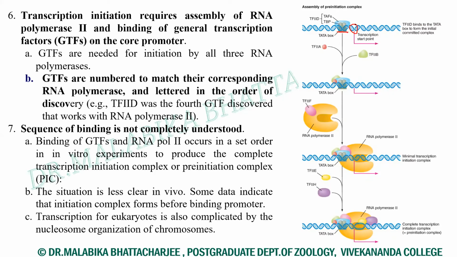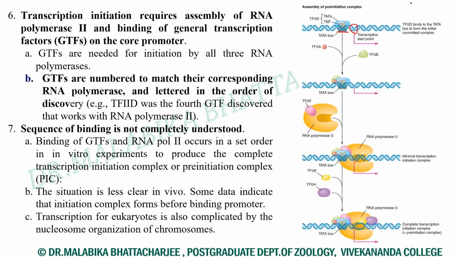Now we have to keep in mind that in case of eukaryotes, the initiation of transcription involves the assembly of RNA polymerase II and a number of other proteins which are known as general transcription factors on the core promoter. These general transcription factors first bind to the core promoter region and then recruit the polymerase to form a complex.